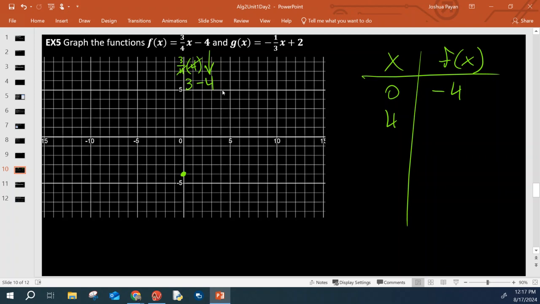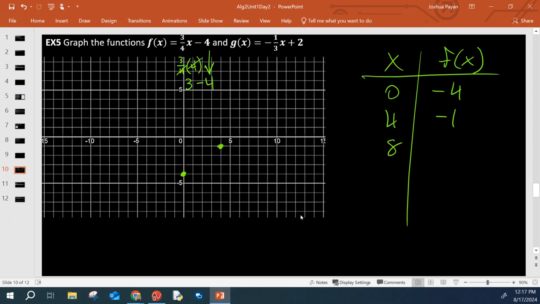Oops, not when x is 3. Whenever x is 4, sorry, y is negative 1. And you see that puts me in the same place as when I was counting with the slope, plus 3, plus 4. Okay, and we just keep going like that.